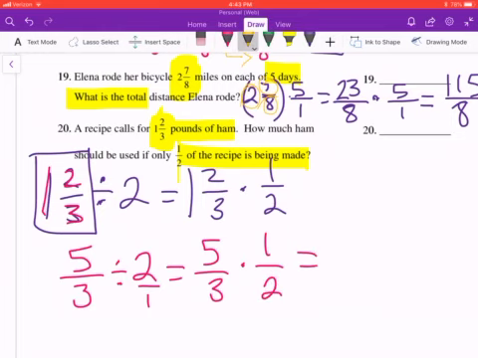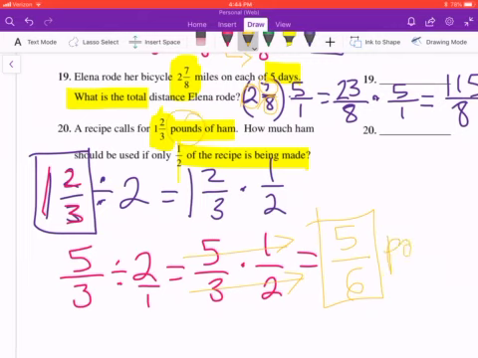And then from here, we can multiply straight across. So that would be 5 over 6. And that is the answer. Now, the units were pounds of ham. So here we could say 5/6 of a pound, or 5/6 pound.